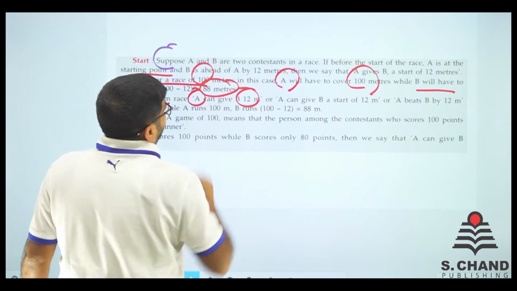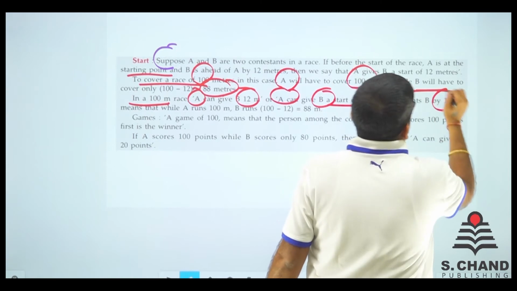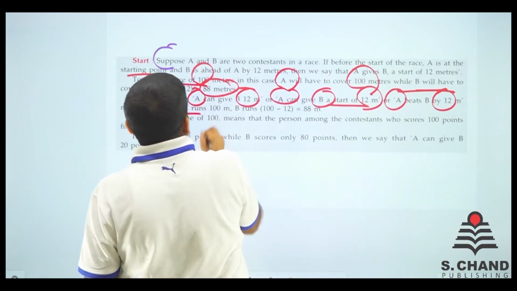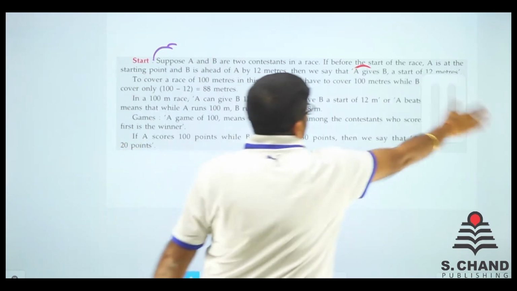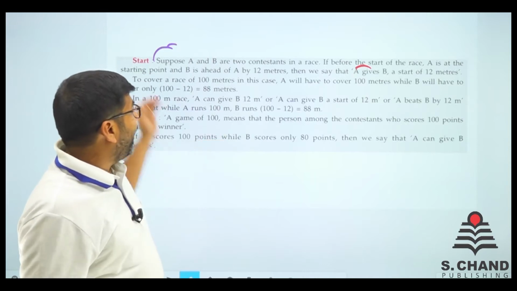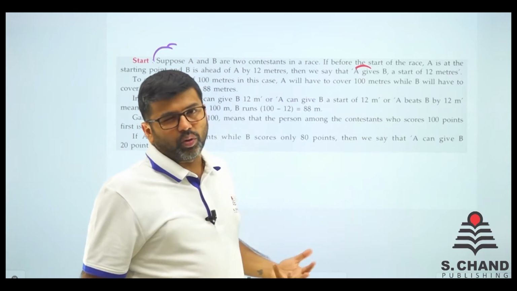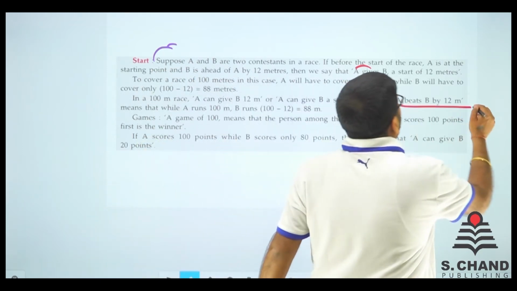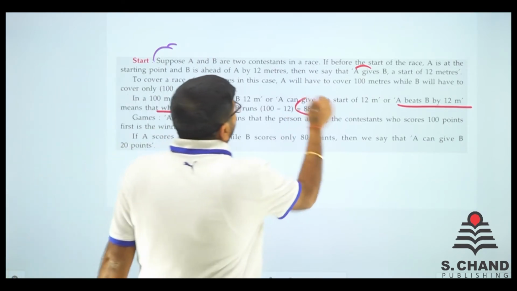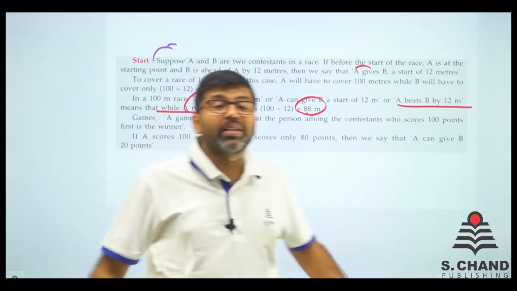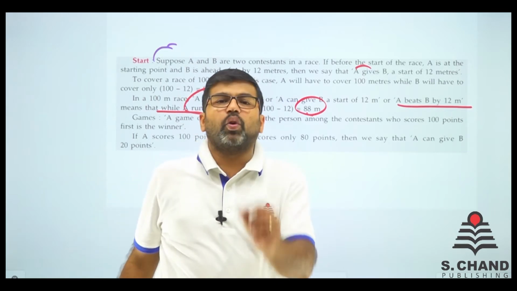In a race, रेस में क्या हुआ? A can give B 12 meters और A can give B a start of 12 meters और A beats B by 12 meters, means that while A runs 100 meters, B runs 88 meters. क्या हुआ? देखिए, या तो हम कह सकते हैं A can give B 12 meters, A can give B a start of 12 meters, सेम है दोनों के दोनों। A beats B by 12 meters का मतलब है जितने समय में A ने 100 मीटर रन किया, B ने 88 मीटर रन किया, क्योंकि उसने बीट किया 12 मीटर से, वो पहुंच गया था विनिंग पॉइंट पे, और जो पीछे वाला था वो 88 पे था.